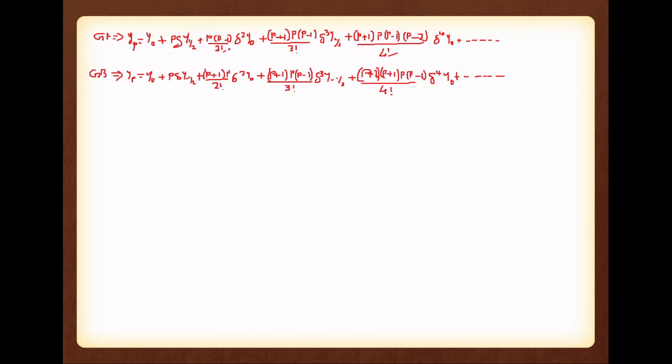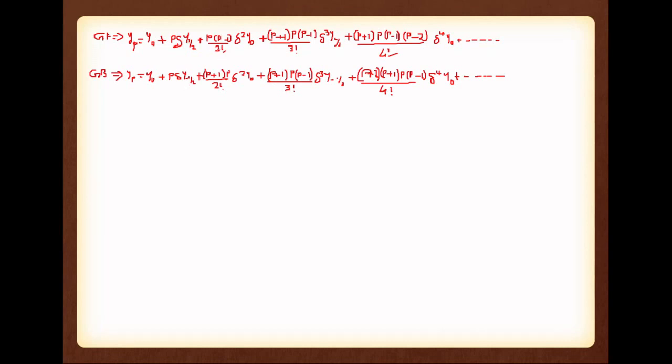So the first one is the Gauss forward method and the second one is the Gauss backward method. And I told you Stirling's method is the mean of these two, meaning we are taking the average of these two. So before that, just go through these two equations simultaneously. Here both have y0. So the p term is the same. We have p. What about the difference term? Here we have theta y 1 by 2, here we have theta y minus 1 by 2.